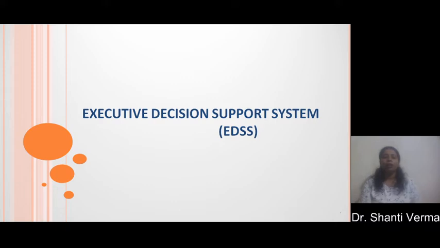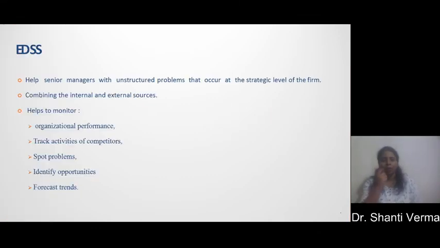Now let's discuss the executive decision support system. This decision support system is used by the top level management in any business organization. EDSS helps senior managers with unstructured problems that occur at the strategic level of the firm.